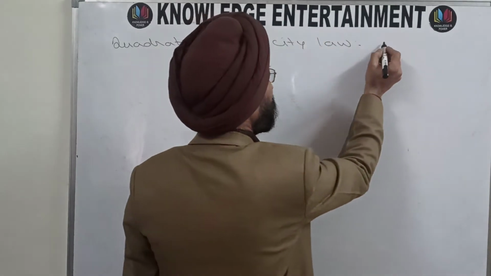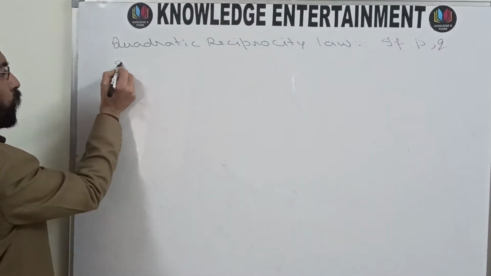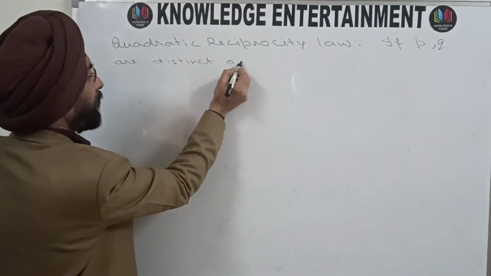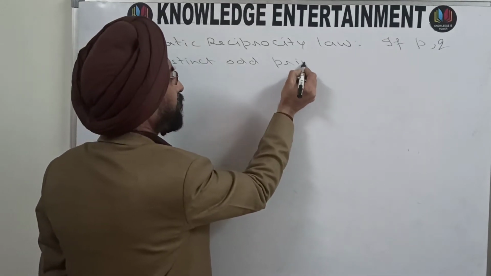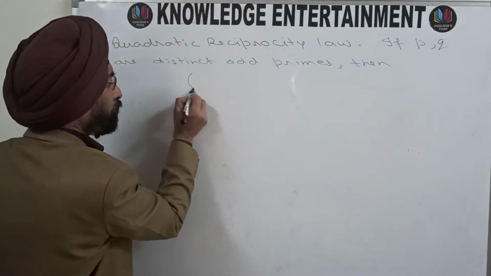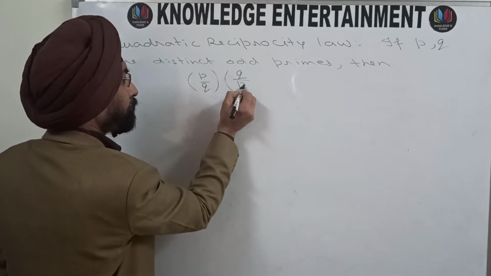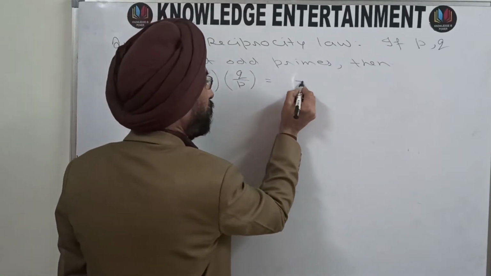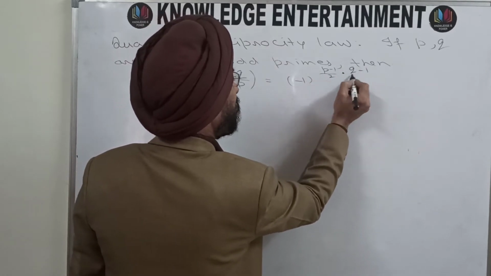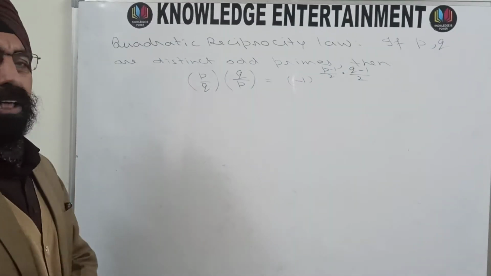The quadratic reciprocity law says that if p and q are both distinct odd primes, then the Legendre symbol p by q multiplied by the Legendre symbol q by p is equal to minus 1 raised to the power p minus 1 by 2 into q minus 1 by 2. This is the statement of the quadratic reciprocity law.